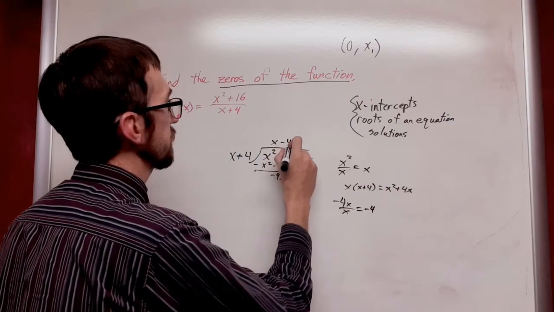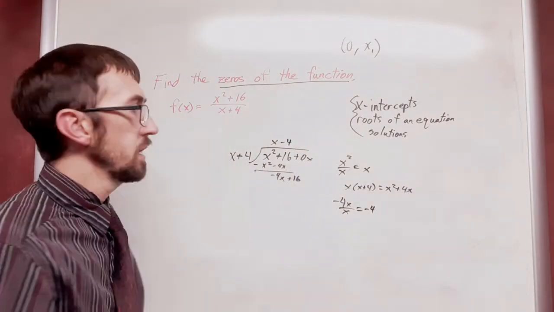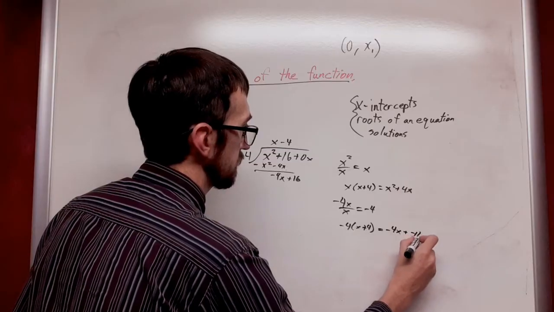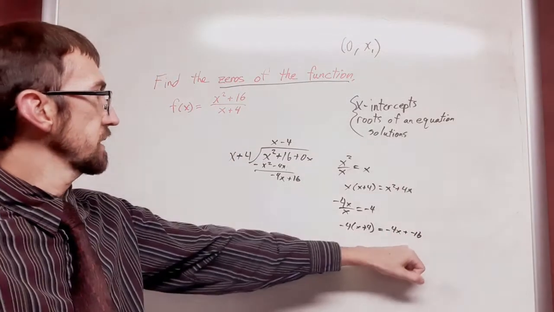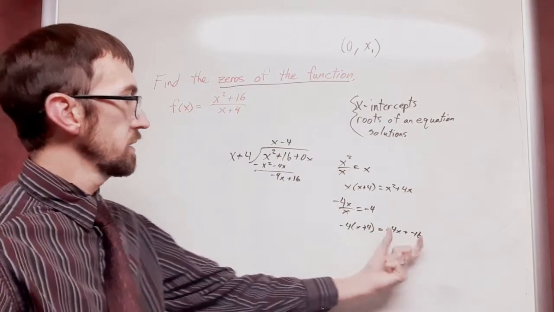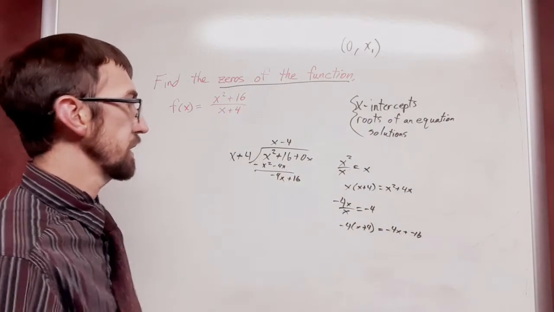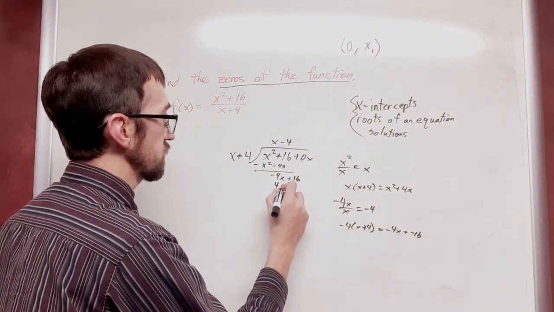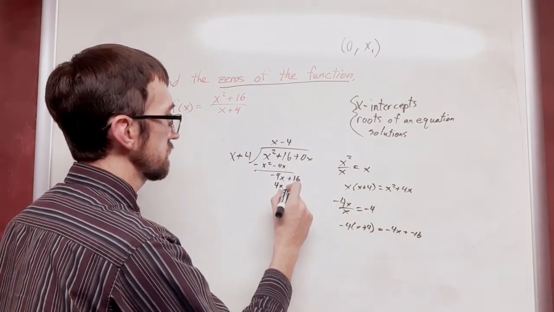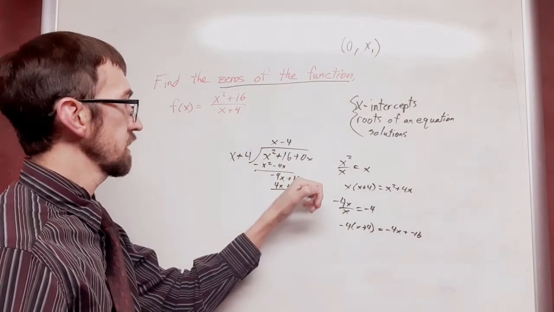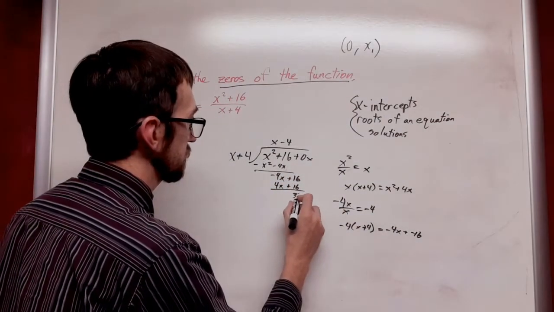So that's going to become a part of my quotient, and I'm going to take that term and multiply it by this. And I'm going to take that term and subtract it from this. So I have two negatives here. Those are going to become positive when I distribute the negative. I'm just going to do that all as one step. 16 plus 16 is 32.